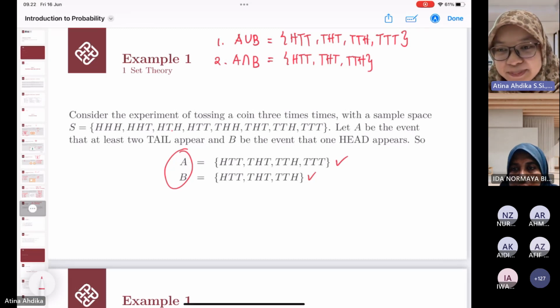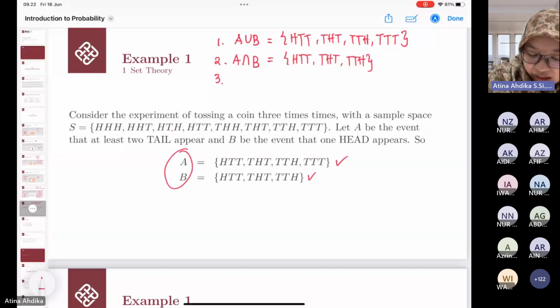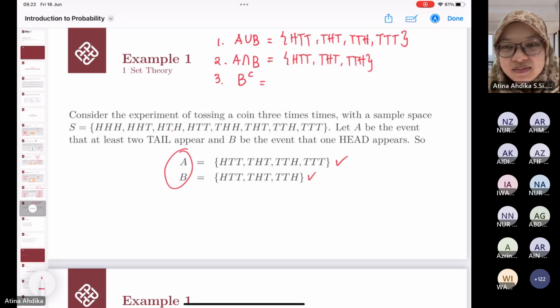Okay, thank you, Afif. And then my next question is, what is the complement of B? Anyone can answer my question? You can answer, or another student can also answer.